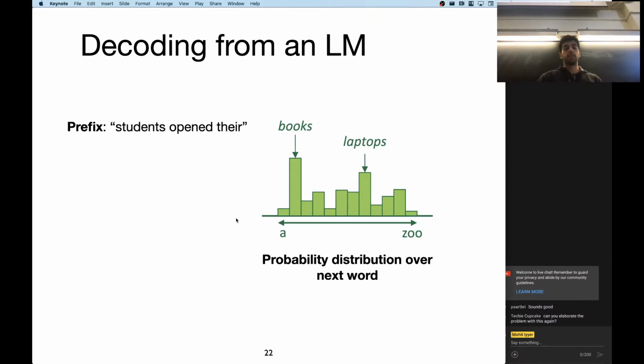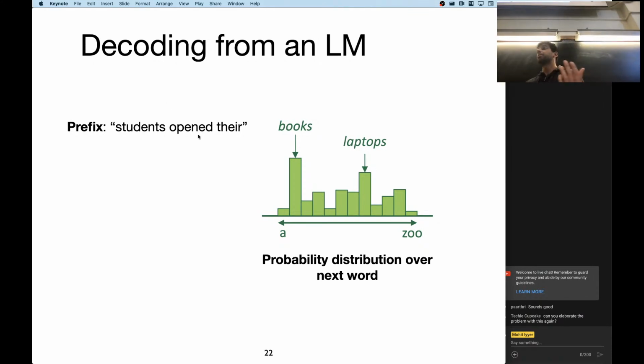So for sake of example, assume that we have a distribution over all of the words in English from "A" to "zoo." This is not obviously an exhaustive vocabulary, but let's say we have thousands and thousands of words in this vocabulary. Any language model is going to give us a probability distribution over this vocabulary, right? So there'll be some probability of "A" given this prefix. It hopefully should be low because it doesn't make sense in this context. There will be some probability of "zoo," "students open their zoo."